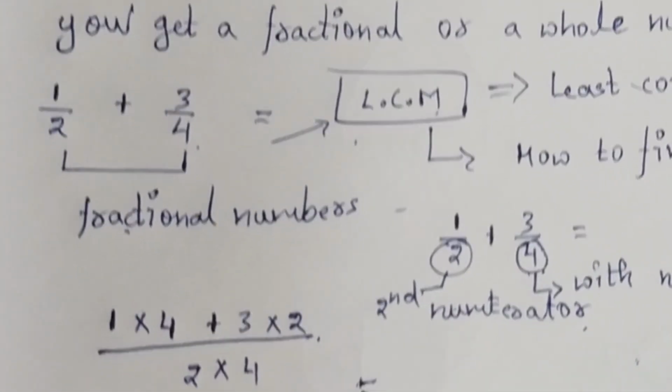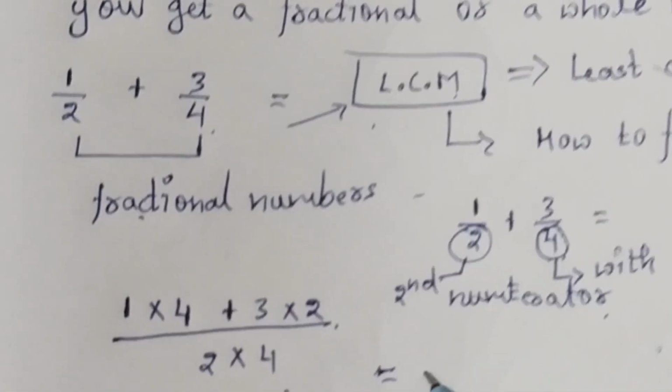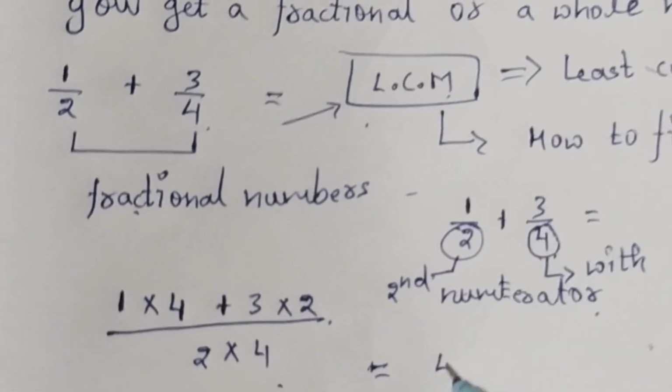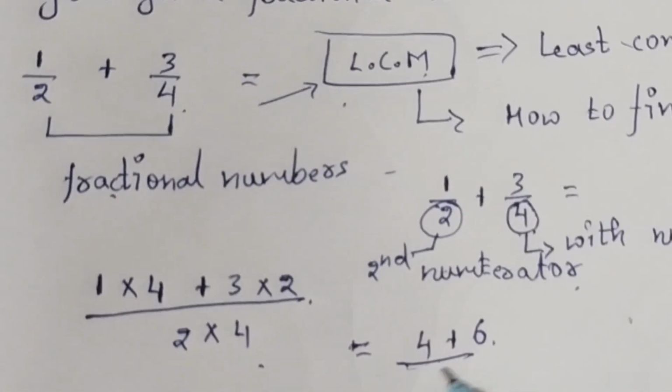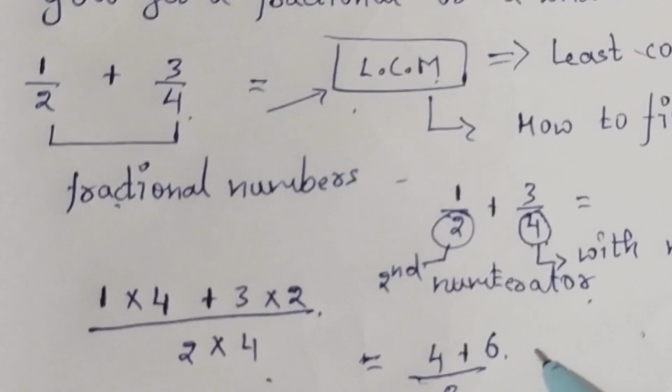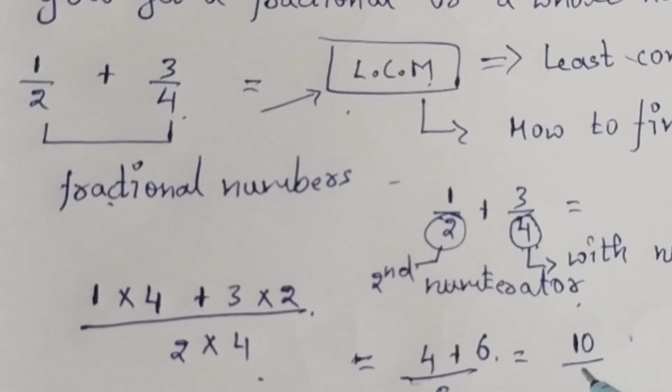So the sum of these two fractions would be 4 into 1 is 4 plus 3 into 2 is 6, divided by 8, which is equal to 10 by 8.